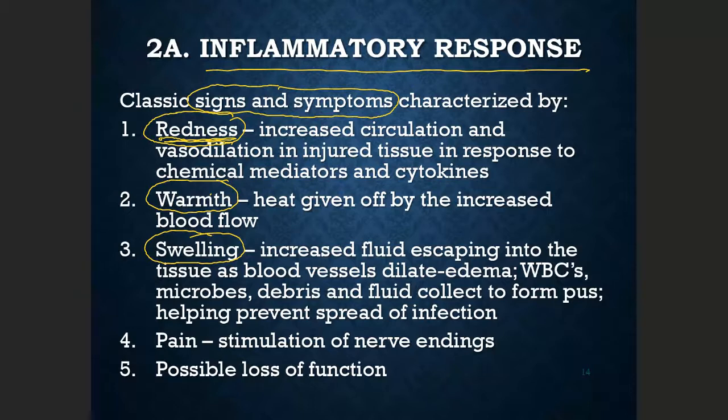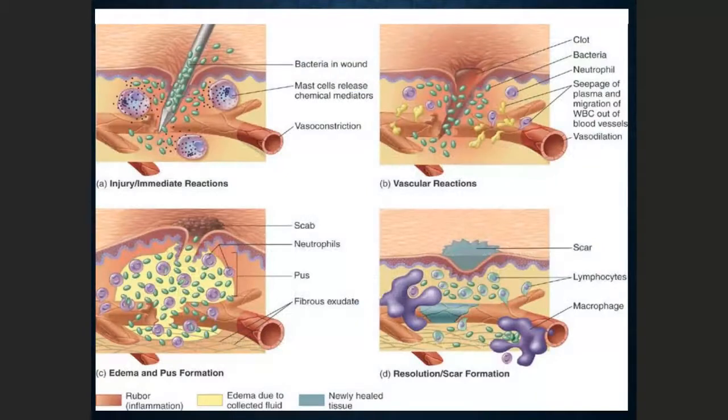When we have an infection, sometimes in that place we feel pain or maybe itch, and there is a possible loss of function at that site. Those are the signs and symptoms of inflammation, which is the second response of the second line of defense.